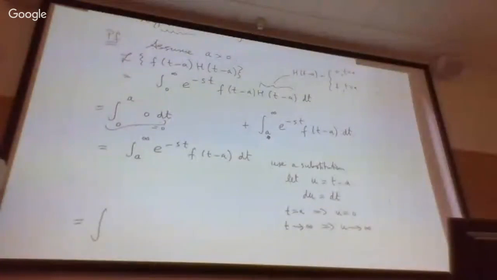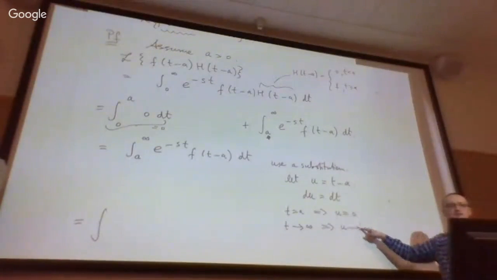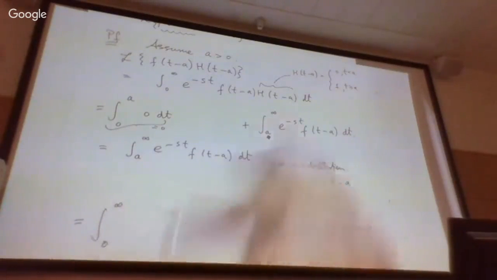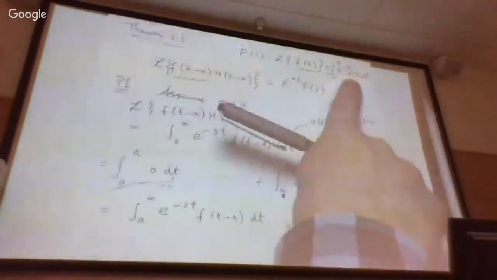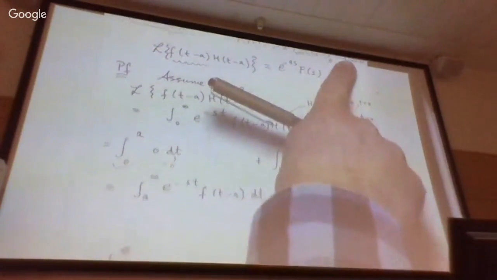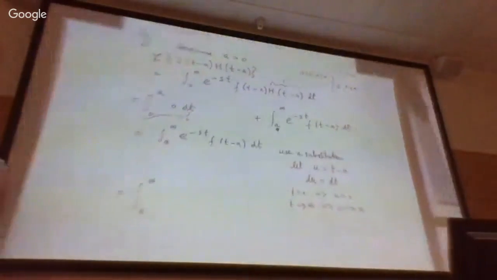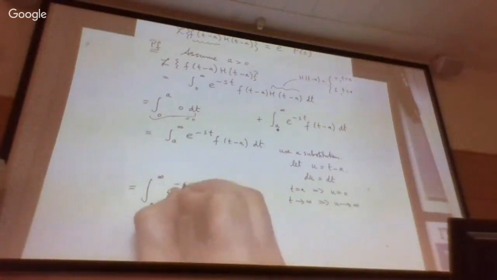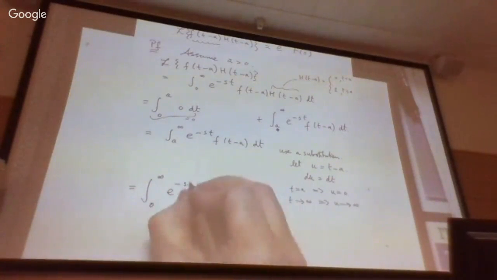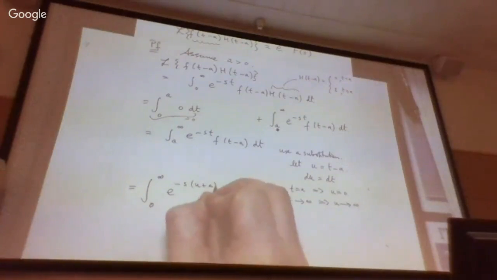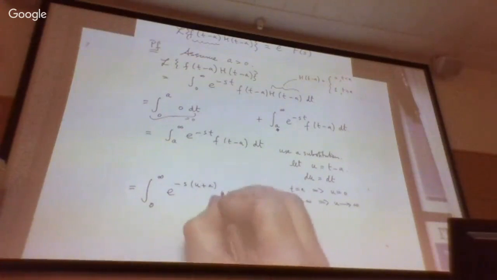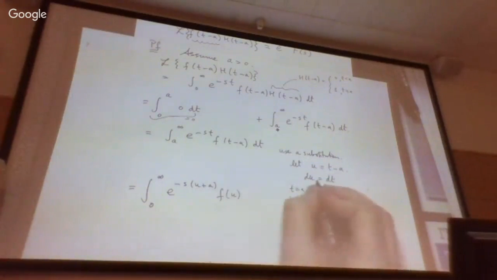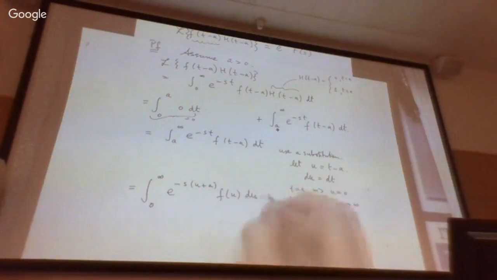So these are our new limits of integration. We're integrating from 0 to infinity. That's good, because that's what I want to see in my integral for the Laplace transform. And e to the minus s, so instead of t, I have to put u plus a. And instead of f of t, here I've got f of u, and dt is equal to du.